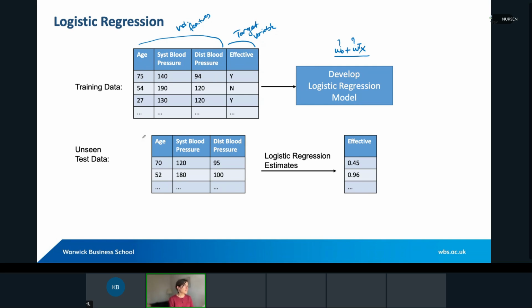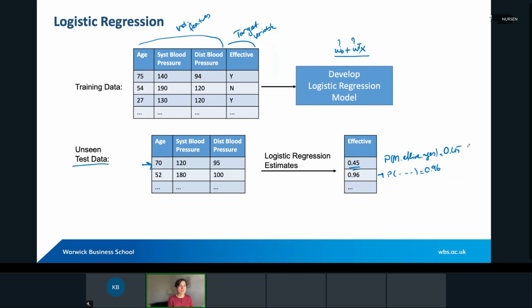And then when the unseen test data comes, we use the built logistic regression model, and it will return the probabilities. And these are the probabilities of the medicine being effective, the yes case. So for instance, for the first patient here, the medicine would be effective with probability 0.45. For the second patient, it is effective with probability 0.96, and so on.